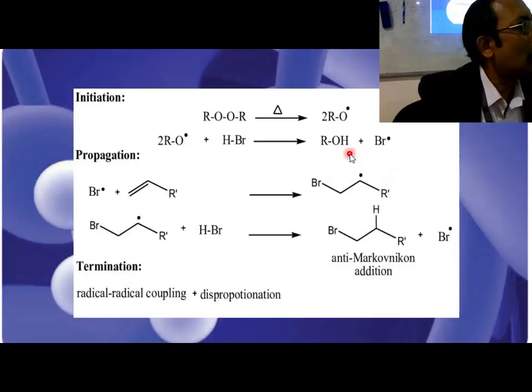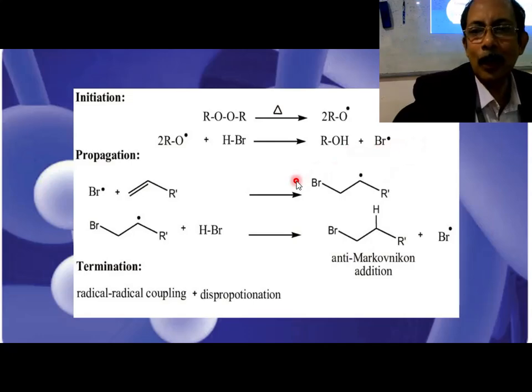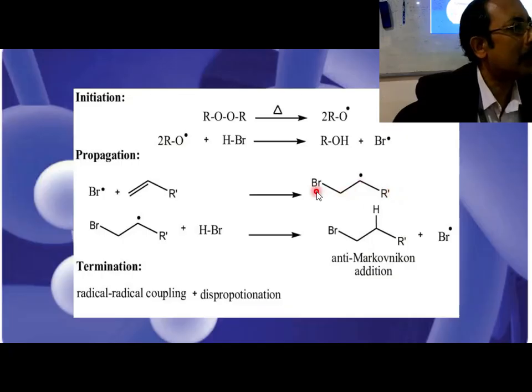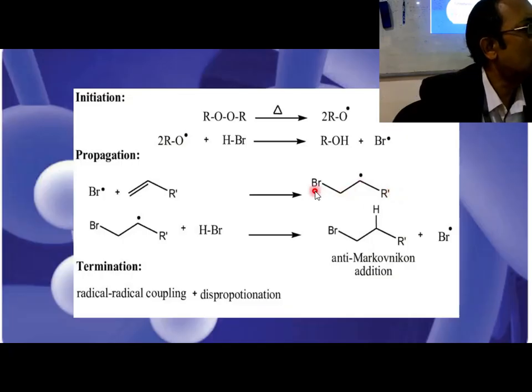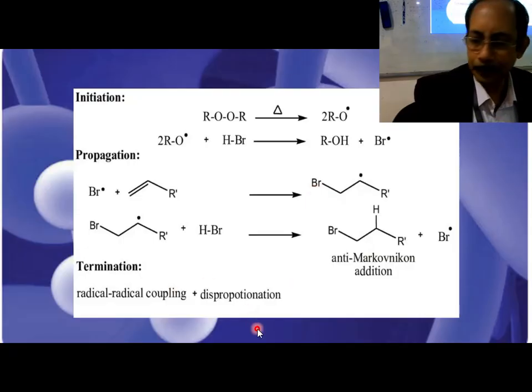That way, one will be a double bonded compound, the other one will be saturated, meaning one alkane and one alkene. So the product will be R' CH2 CH2Br, one molecule. Another will be R' CH double bond CHBr. Got it? Two different products are formed. That is called disproportionation.